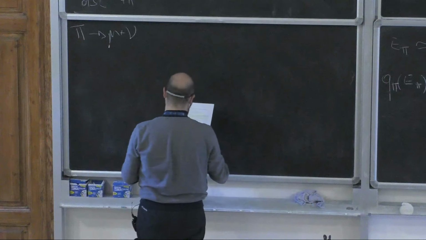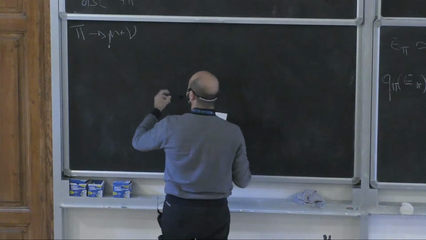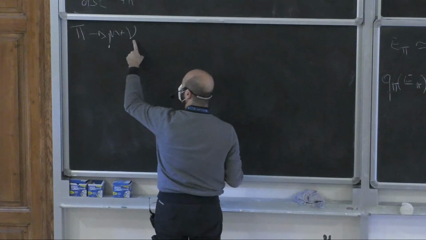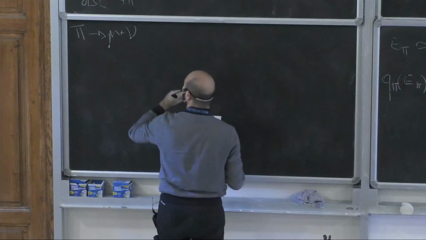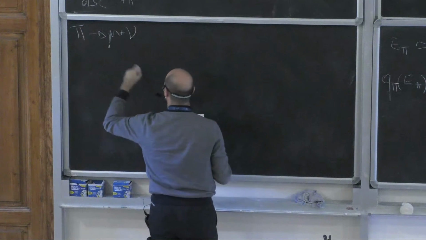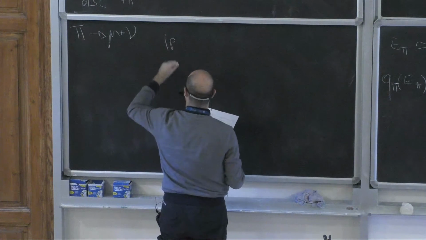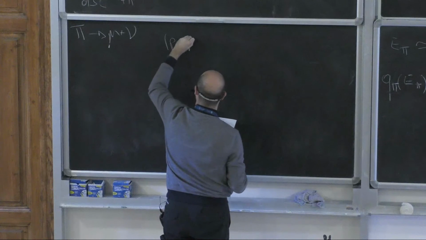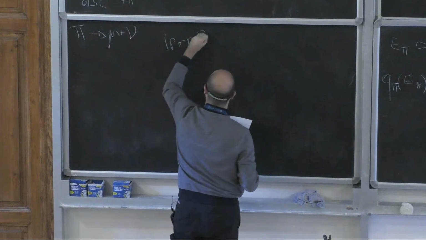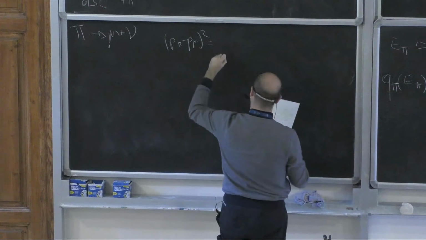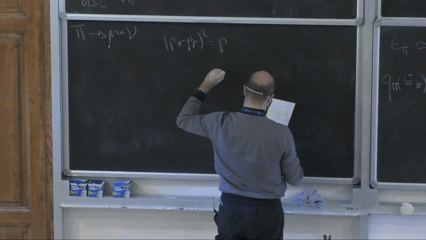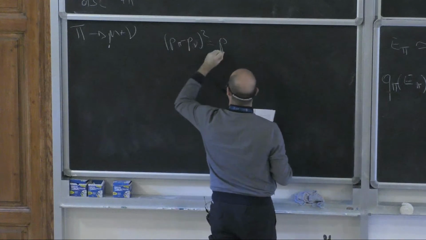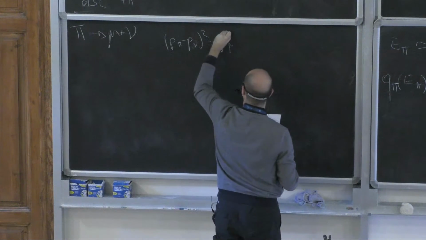So just for the sake of completeness, let me write down the energy of the neutrino first in the frame of the pion that is decaying. I will use the fact that p pion minus p mu, squared, must be equal to p nu squared.